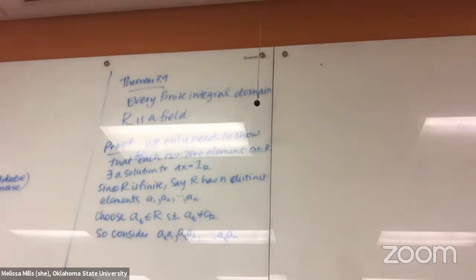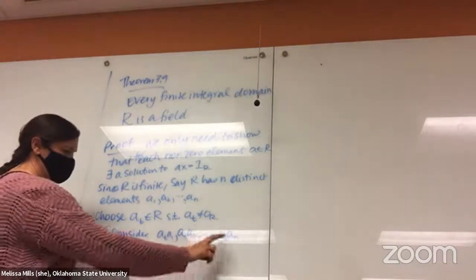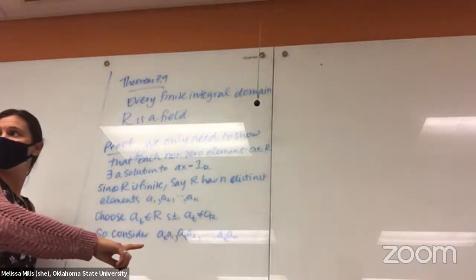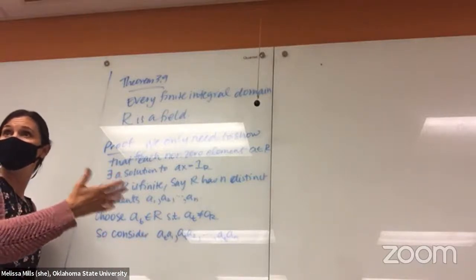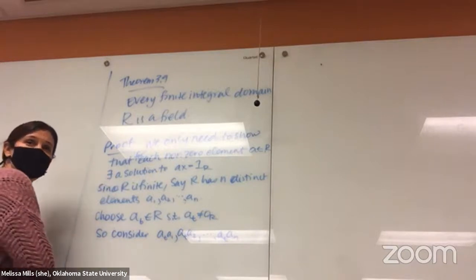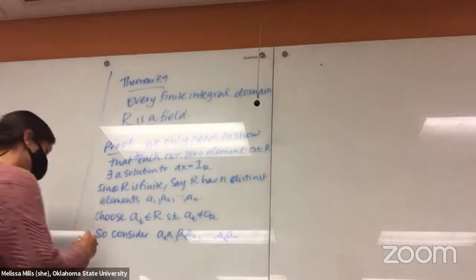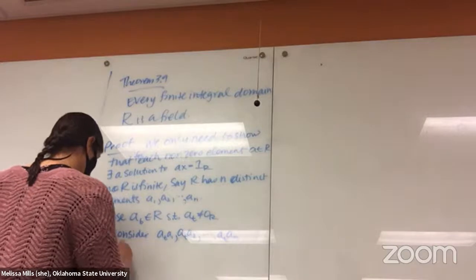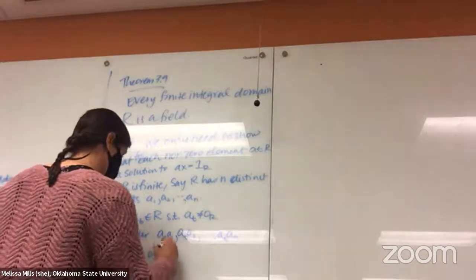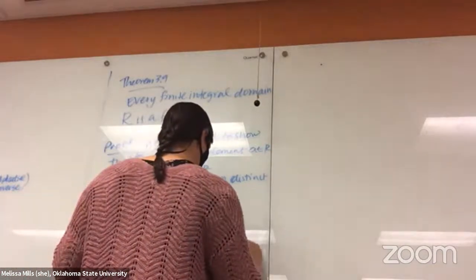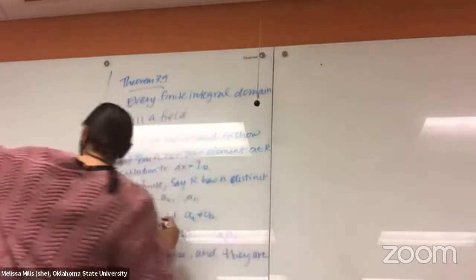Well, let's think about it. How many of these products are there? There are n of them, right? Are they distinct? Why are they distinct? Because what you're multiplying by is in R. Yeah, so there are n of these, and we can say they are distinct because of that.